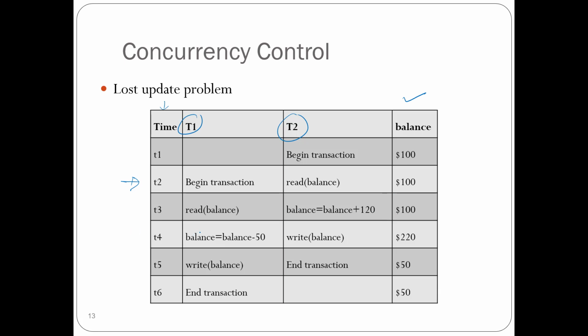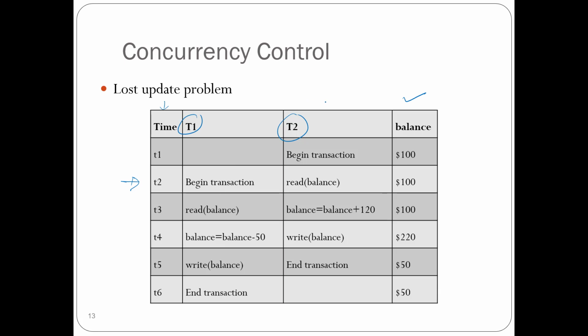Then in transaction T1, we are taking $50 off. We are debiting the account, so the balance will be balance minus 50. With basic math, the balance should be 100 minus 50, which is 50. And in T5, you will write that balance, and it should be 50, and end the transaction. That is what will happen if you have only one transaction T1.